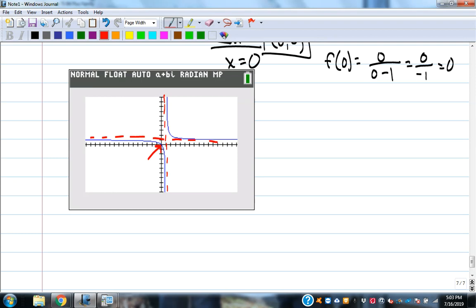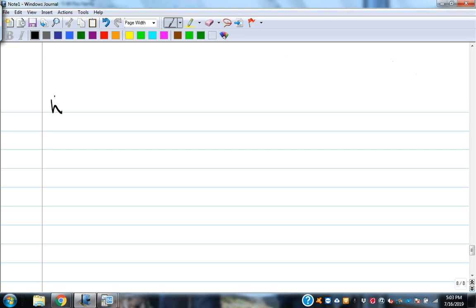All right, now let's take one and do this. G of x is equal to x cubed plus x over... change that to an x squared.